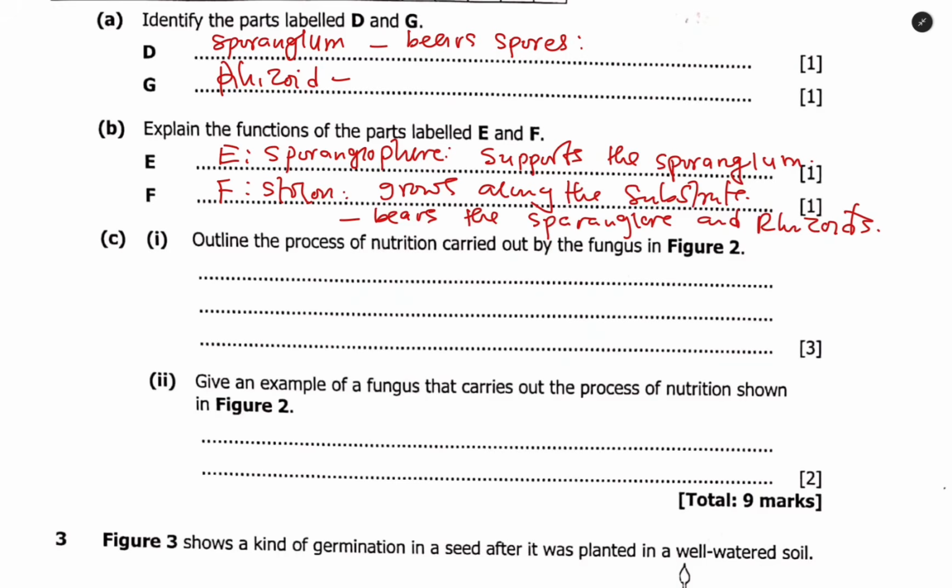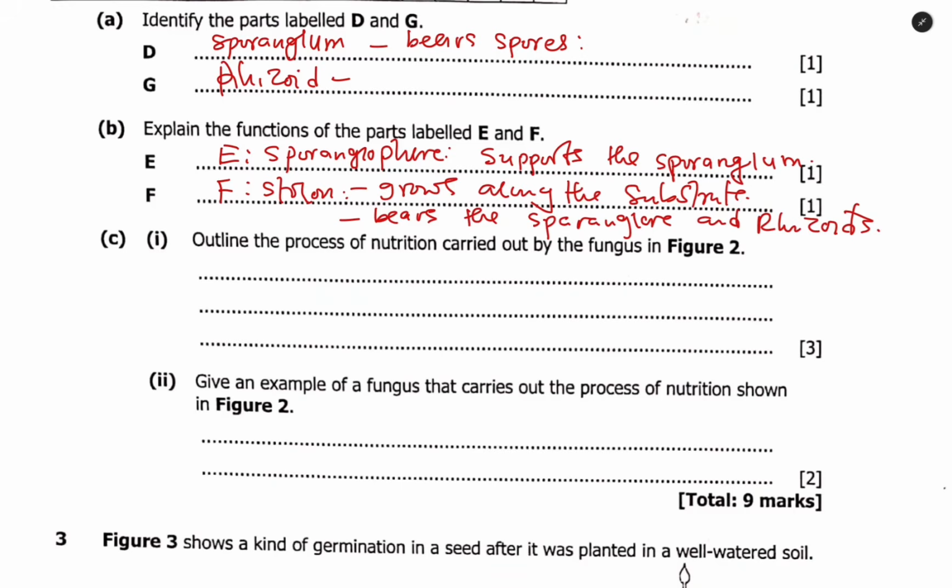So it grows along the substrate and bears the sporangiophores. The other function we can say is that it grows along the surface of the substrate to obtain air for respiration. If you can give any one of these three functions, you are right.